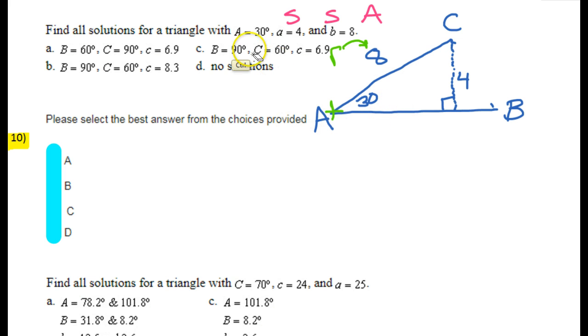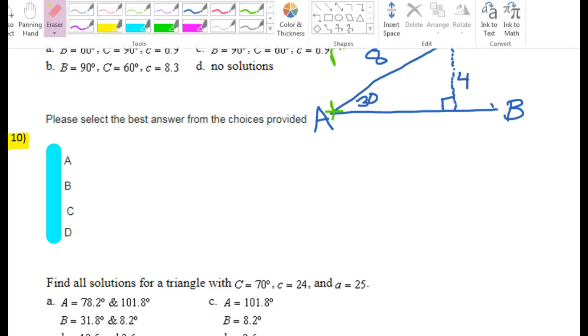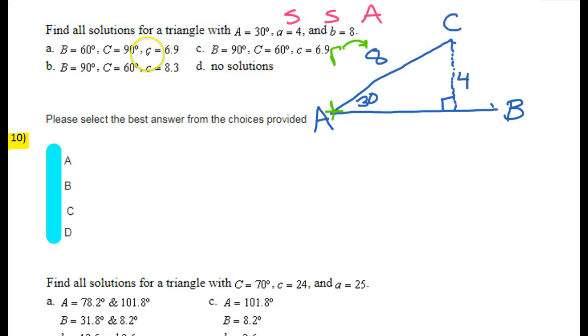And use the law of sines. So we're going to need to find angle B, angle C, and side C. Those are the three things we need. Let's start with angle B. Actually, I know angle B is 90 degrees, because it just barely reaches straight down.